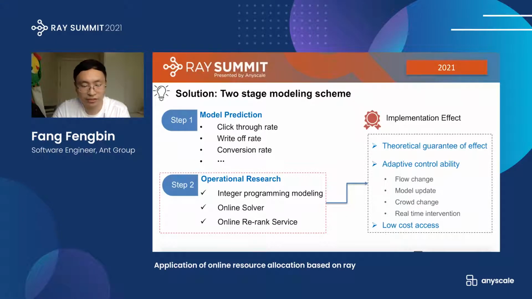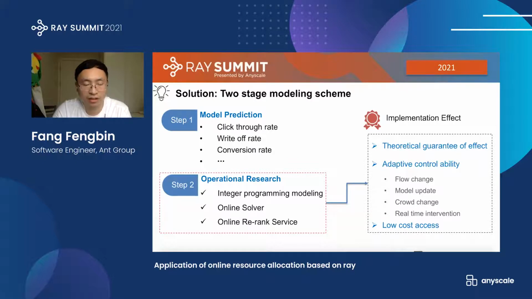In the first stage, the personalized requirements of users, such as click rate, rating rate, and conversion rate, are considered in the model training, and the model is used for online scoring. The second stage is to optimize the operation according to the scoring results of the first stage. Today, we will mainly introduce the second stage of work.